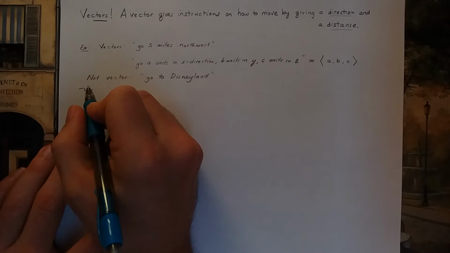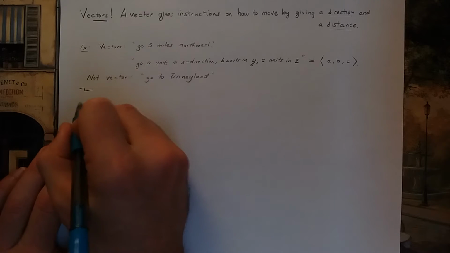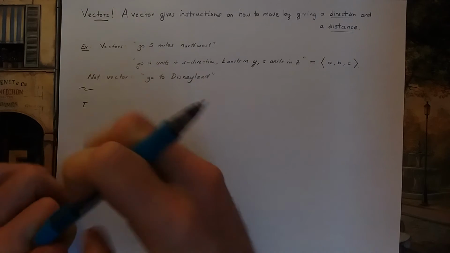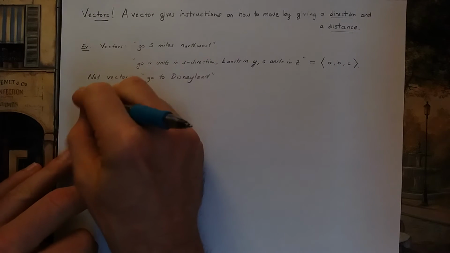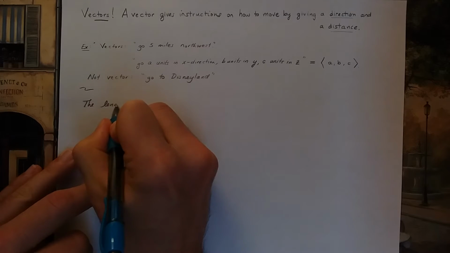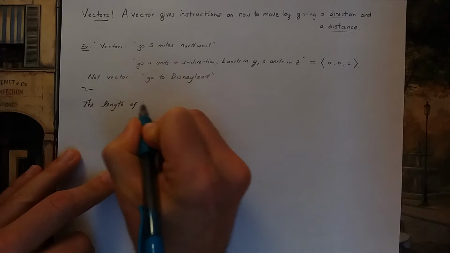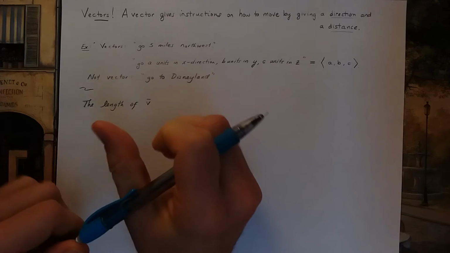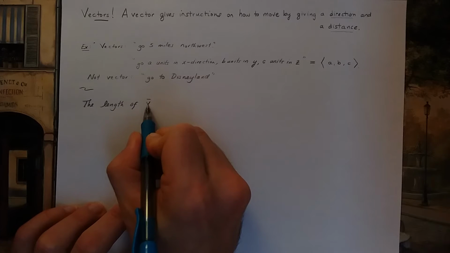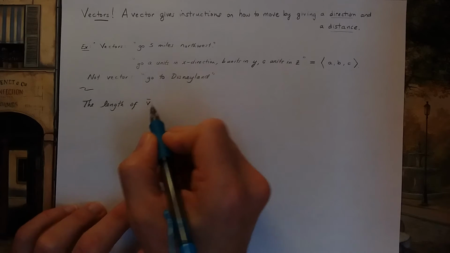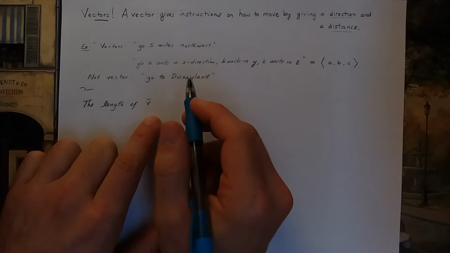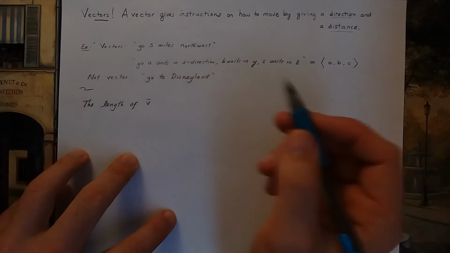Okay, so let's define the length of a vector. The length of a vector v, and when we write down vectors in general, we'll put a little bar over the symbol v to help us remember we're actually talking about instructions that give a direction and a distance, not just a point in space.